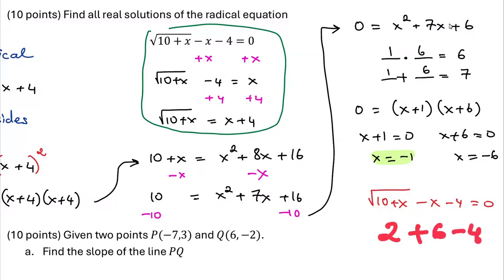Okay, is that the answer right here? 2 plus 6 is 8. It's not, right? Therefore, x equals -6 is not the answer. I rule that one out, okay? So the final solution for the problem is just x equals -1.